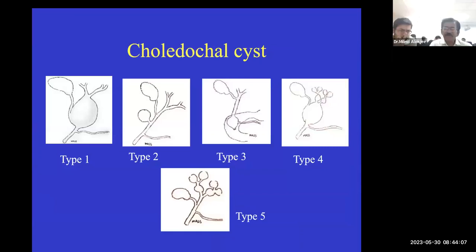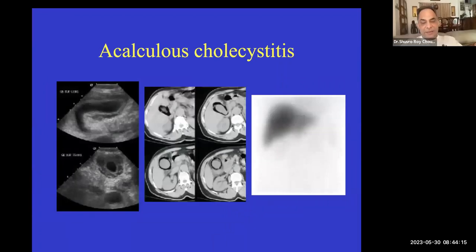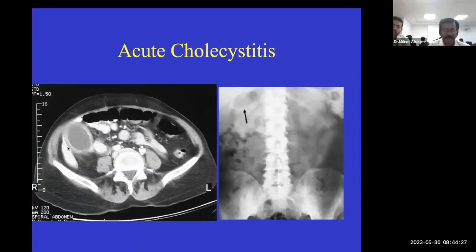Choledochal cyst. Dr. Raichaudhuri, how do you differentiate between an inflammatory thickening versus a neoplastic thickening? Okay, good, fantastic. So inflammatory thickening will typically have, like this picture here. Look at this picture here, or look at this picture here. So inflammatory thickening is smooth, edematous, non-nodular, with a very clearly defined plane with the liver.